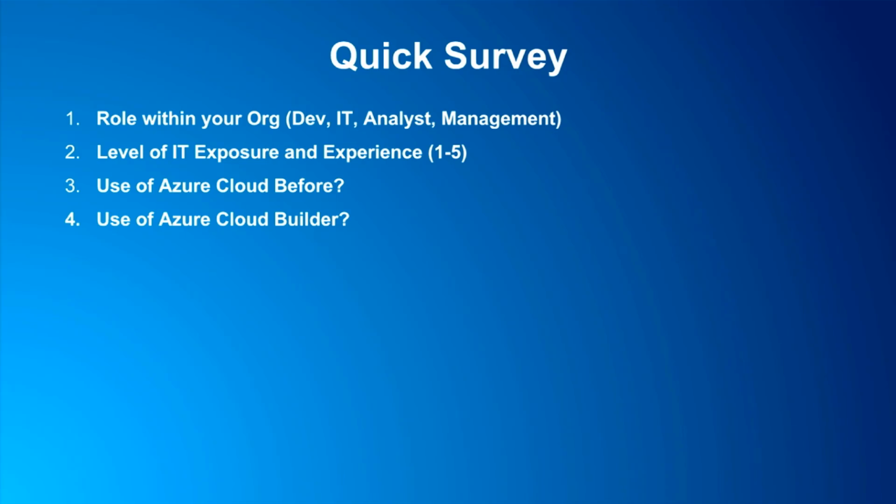The next thing I want to do is get some idea of your IT exposure. There's being made responsible for IT, which is one thing, and then there's how much experience you really have doing that. On a scale of 1 to 5, 1 means, I know a little bit about it, just enough to be dangerous, and 5 means, I'm pretty sophisticated with this kind of stuff.